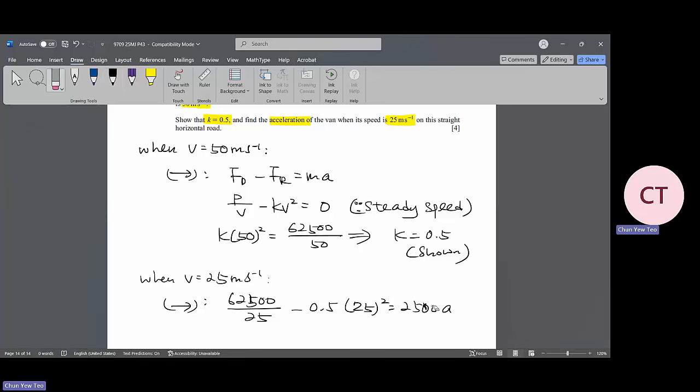From here, just press the calculator directly. You can get a. So your a will be 7/8 meters per second squared. That will be your acceleration.